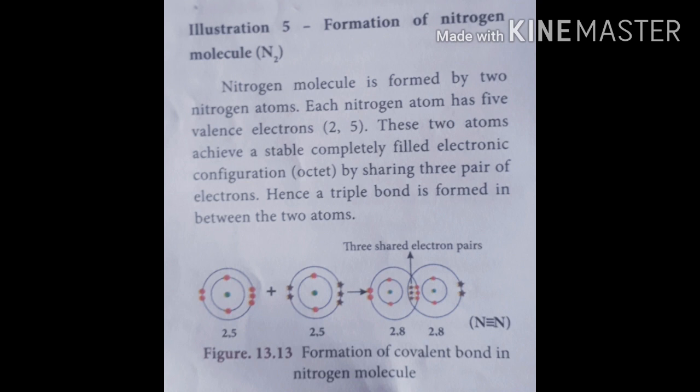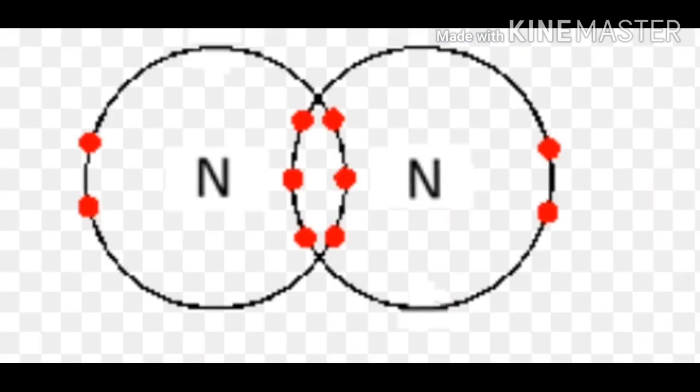It needs 3 more electrons to fulfill the nearest inert gas configuration of neon, that is 2, 8. So by adding 3 electrons, 5 plus 3 is 8, it forms a triple bond by sharing the 3 electrons.